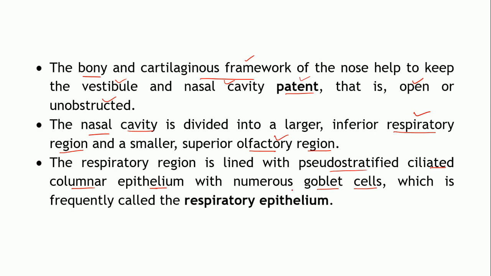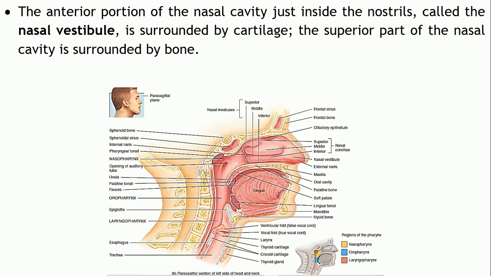So this epithelium, comprising pseudostratified ciliated columnar epithelial cells and goblet cells, is known as the respiratory epithelium. The nasal cavity can be divided into the respiratory region and the olfactory region, and the epithelium lining the lower respiratory region is called the respiratory epithelium.